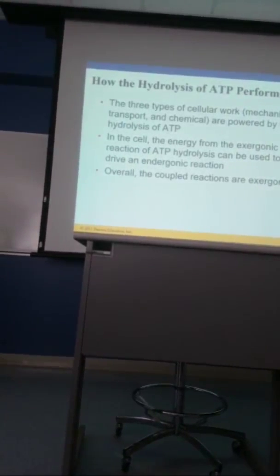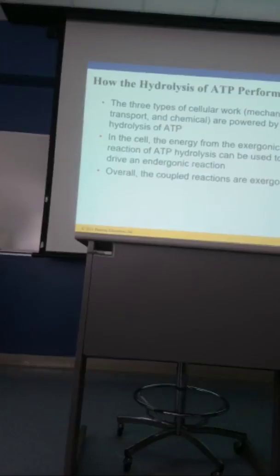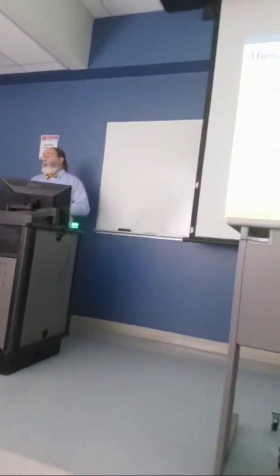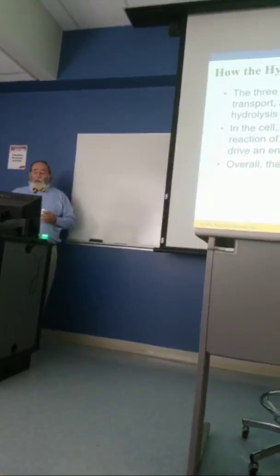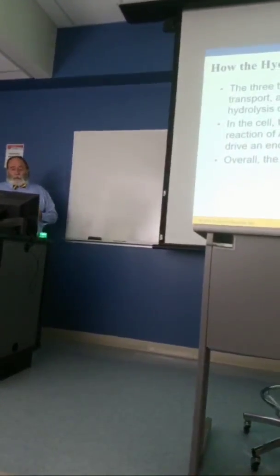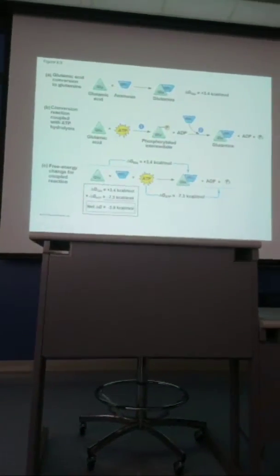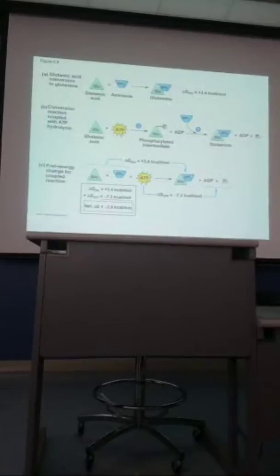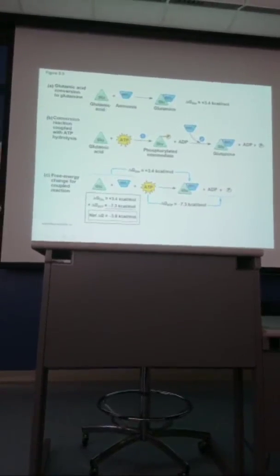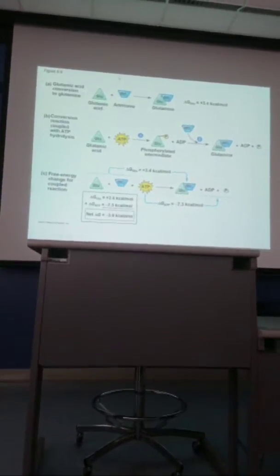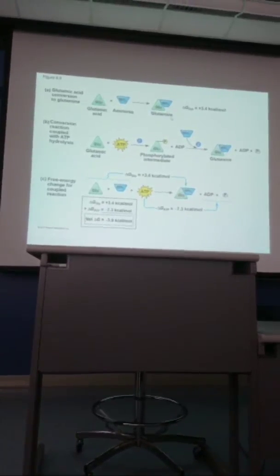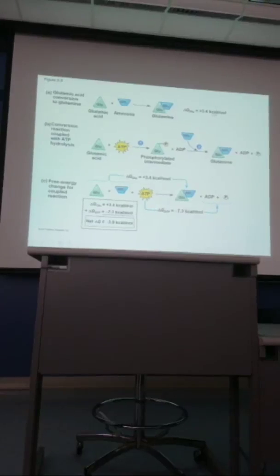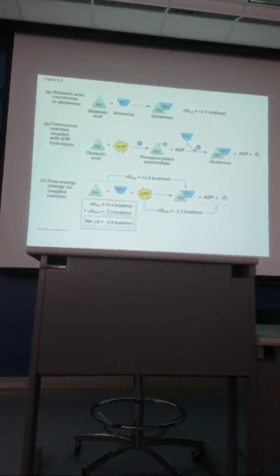Endergonic reaction, remember, absorbs energy and can be used to go through an anabolic process such as building a bigger molecule. This gives you some examples. You do not have to know those, but it's showing you here that glutamic acid and ammonia can come together to make glutamine. The free energy of glutamine is 3.4 kilocalories per mole.